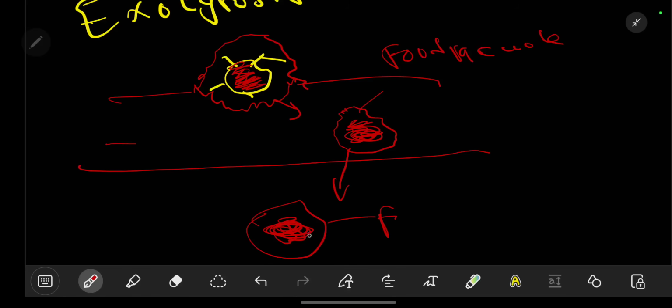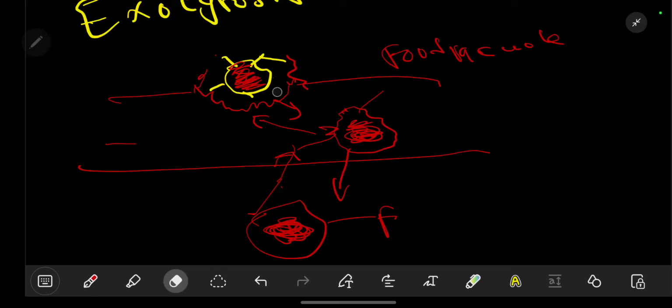Likewise, the other case is true. When it reaches this stage, it changes the shape. Substances are moved in and out of the cell in that way. When they are moved out of the cell, there is a release to release the substance. Other nutrients such as lipids are moved out of the cell in this manner.